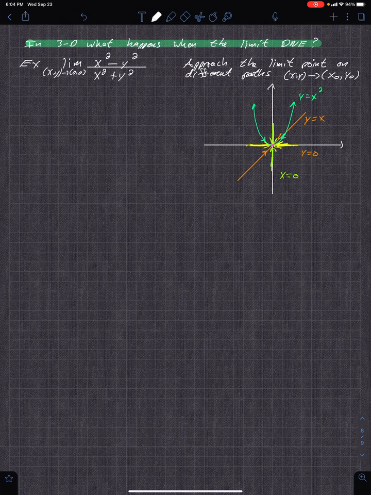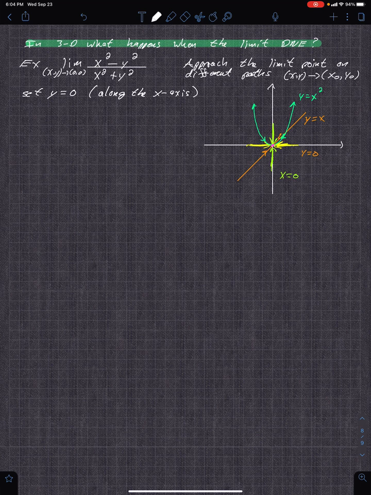So what you do then is set, in this case, y equal to 0. And so this is along the x-axis. And what's your limit?